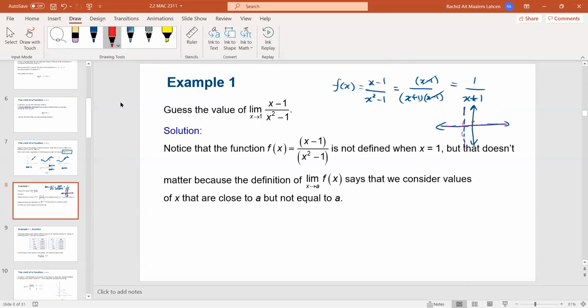All right. 1 over 1 is 1. X equal 1 is going to be 1 over 1 plus 1, right? So 1/2. However, you see 1 cannot be used because the initial domain does not take 1. 1 minus 1 is 0. We cannot divide by 0, right?